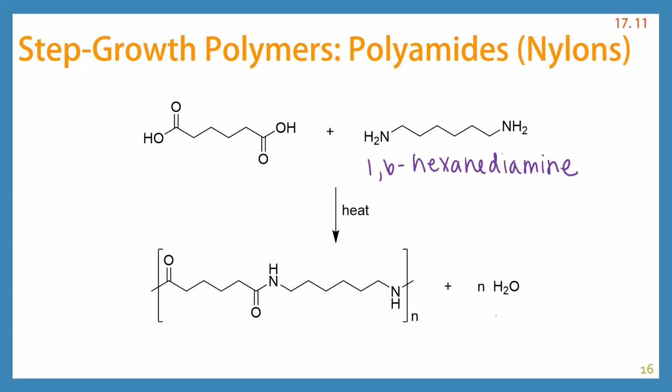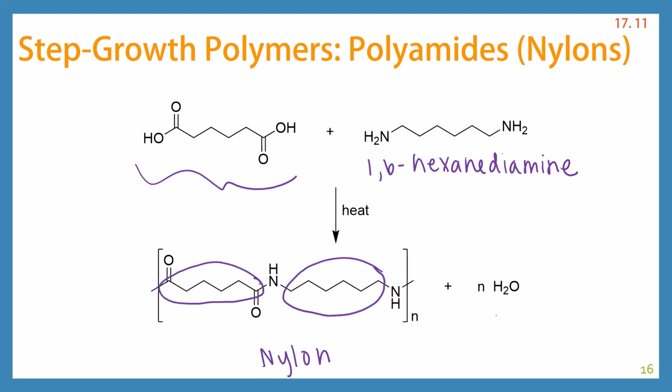Polyamide is the organic chemistry word for nylon. Nylons are named by referencing the number of carbons that were in each piece of our starting materials. So we had 6 carbons in our dicarboxylic acid, 6 carbons in our diamine. So this is nylon 6,6.